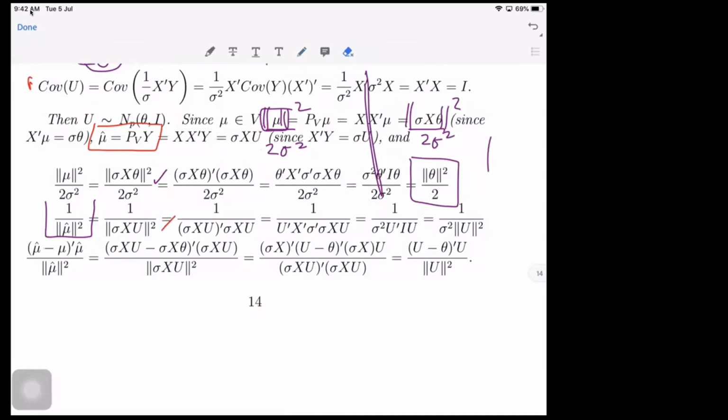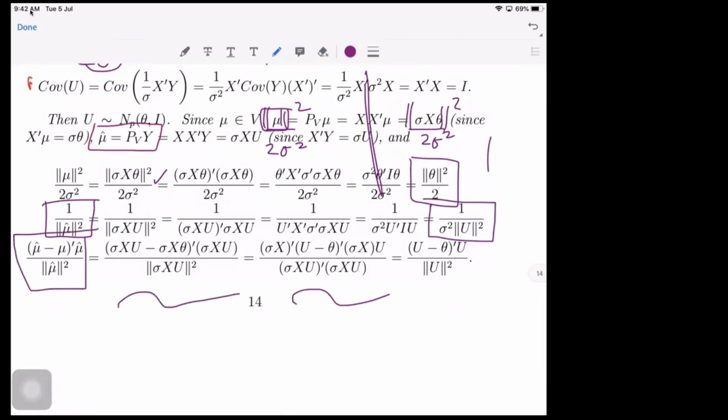So you will get this one is just equal to this. And this one, by manipulation, you can check this, will be equal to this. So we transform mu hat now in terms of u and theta, no?